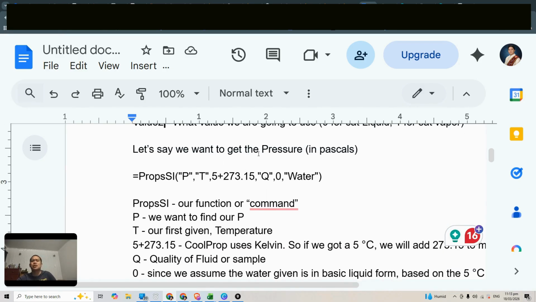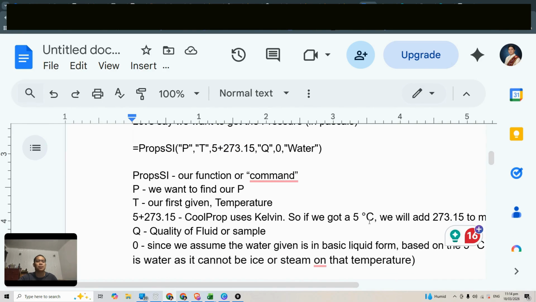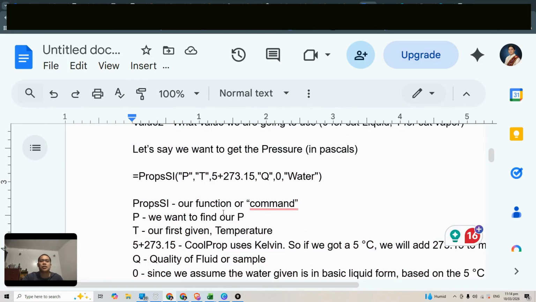Let's say we want to get the pressure in Pascal. This is going to be our command: PropsSI, P, T, because we want to get the pressure. Here is our given. We have the temperature, which is 5 degrees. T is our first given.